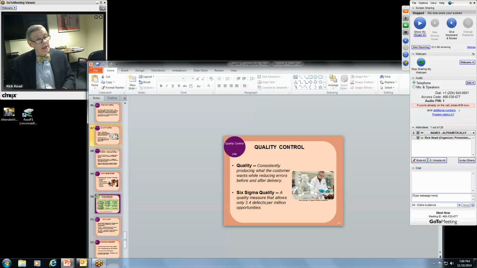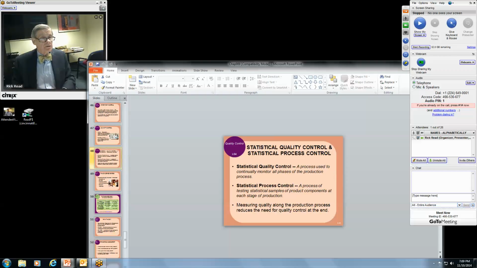Now there's a couple of other ones that are out on the market today: statistical quality control and statistical process control. They're both mentioned in the text. Statistical quality control is just a statistical measurement to check throughout the production process, and the process control is testing statistical samples of product components at each stage of production.